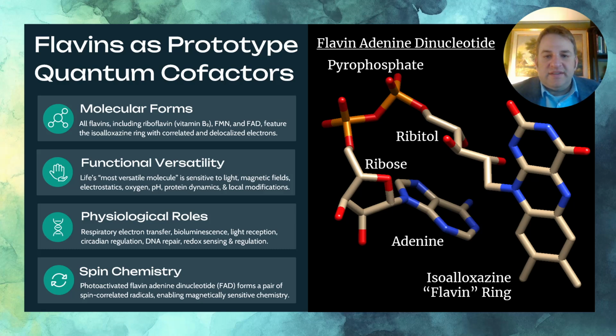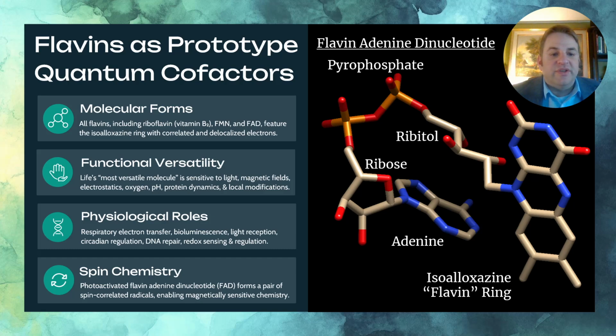This is just one type of flavin, one of my favorites, but all flavins, including riboflavin, vitamin B2, flavin mononucleotide, and of course FAD, feature that isoalloxazine ring with correlated and delocalized electrons. The overall structure gives it a kind of functional versatility.